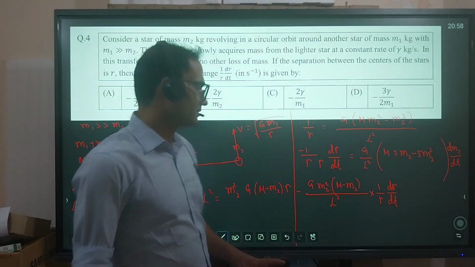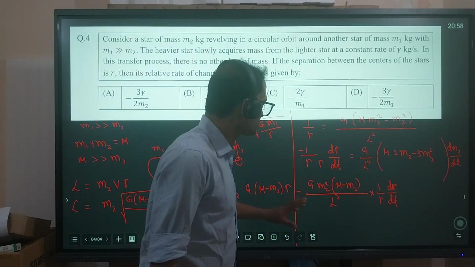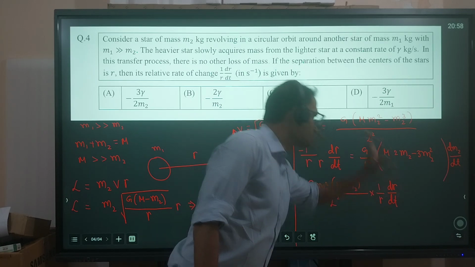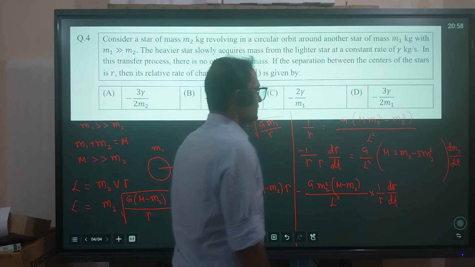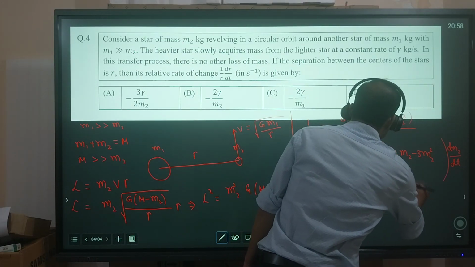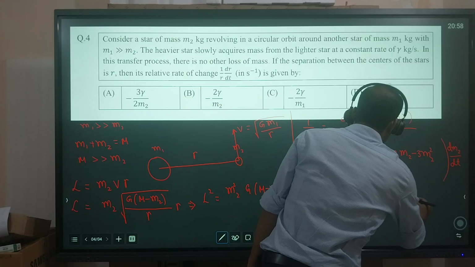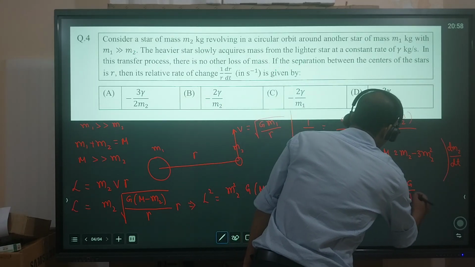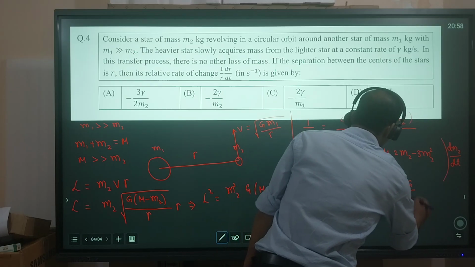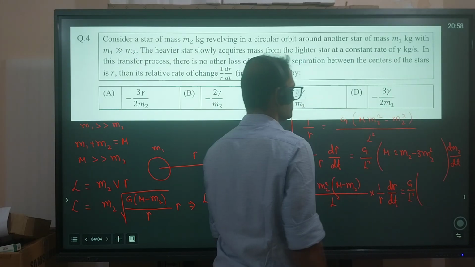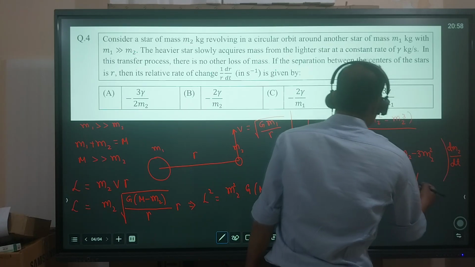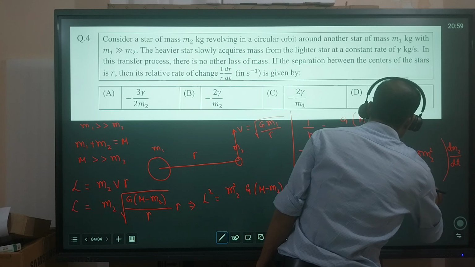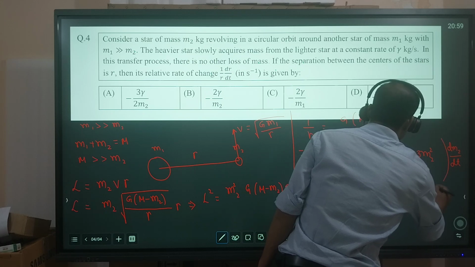So let us see what we did. This minus 1, this is minus 1. This whole part is 1 by r, and then this part is written here. And this side, we have G by L square into, I can take M2 common, but no problem.